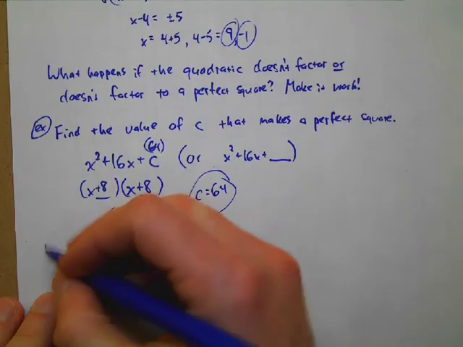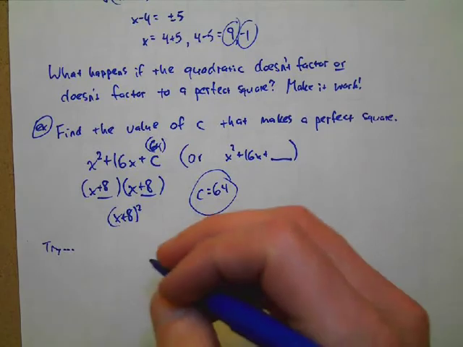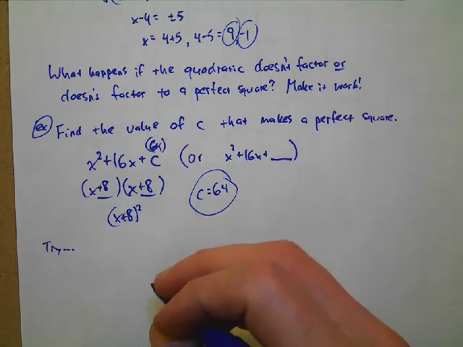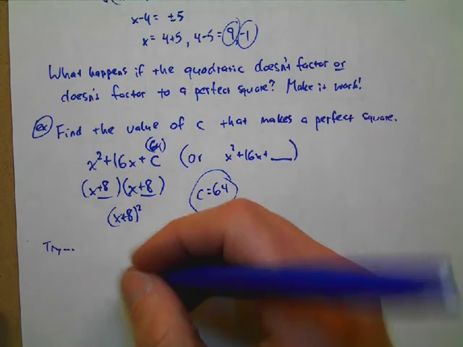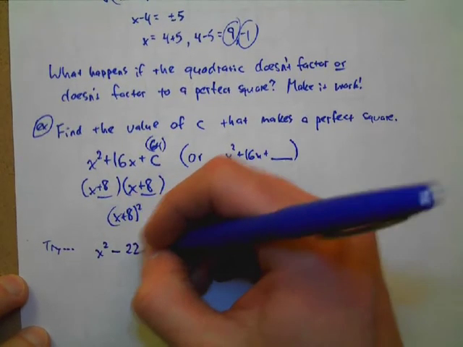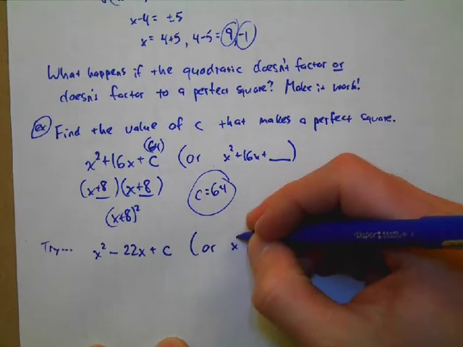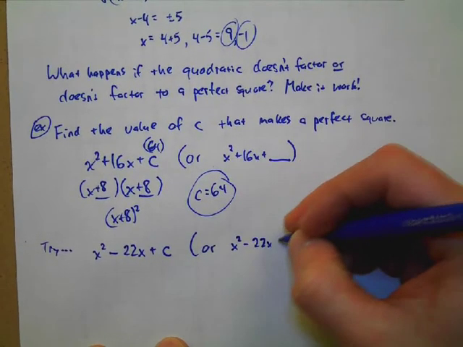So I'm going to give you guys something to try here. Okay, you guys try one. Same directions. Or if it helps, you can think of it as x squared minus 22x plus blank.